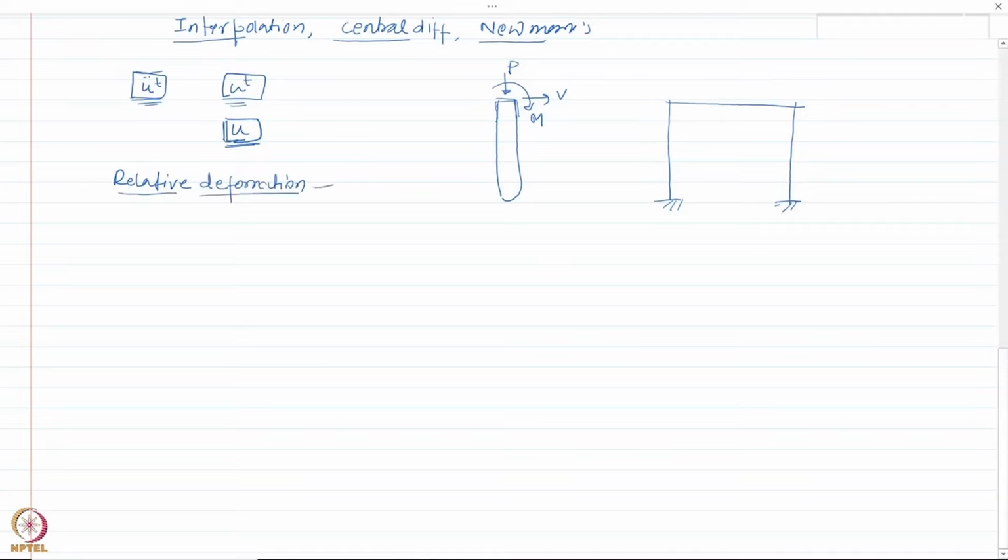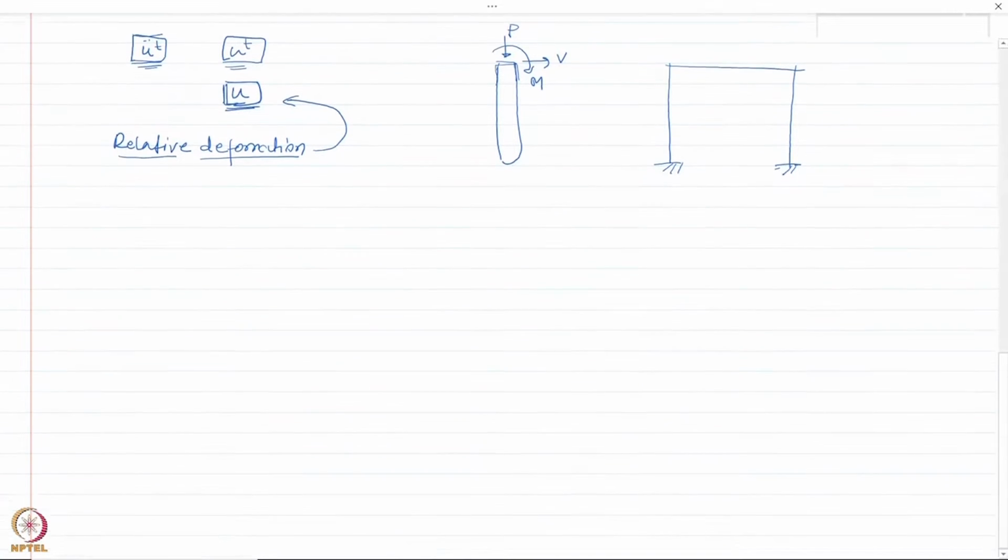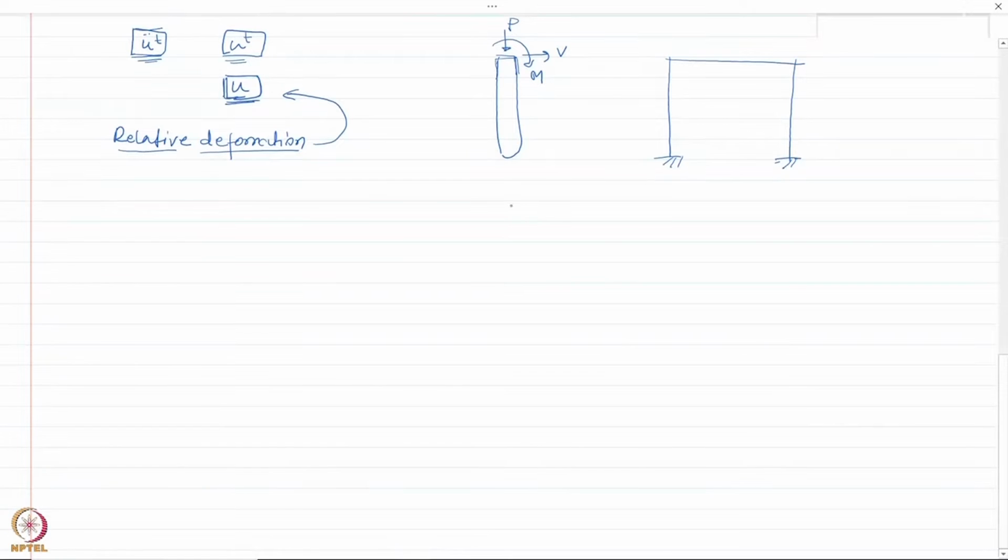So if we are somehow able to find out this parameter u(t) using some sort of numerical method or any other method, then I would be able to find out the forces in the member. One of the simplest examples would be, let us say, I have a cantilever column here, and under the action of u_g(t) it has certain deformation, of course.